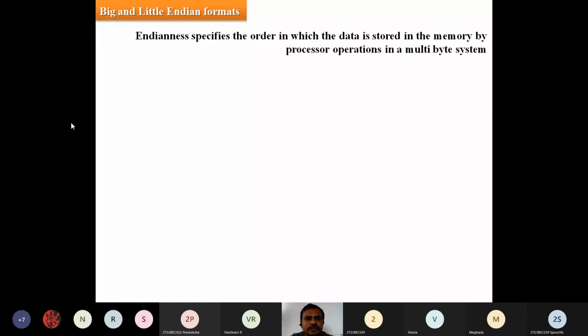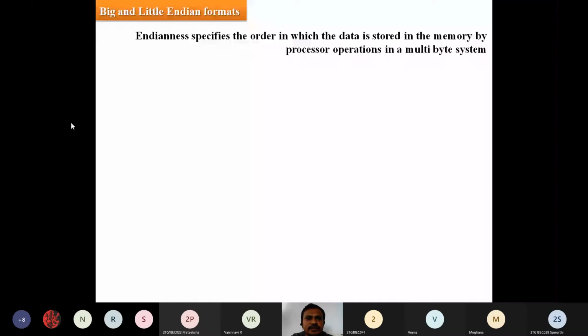So what are the Endians? These Endians specify the order in which the data is stored in the memory by processor operations in a multi-byte system. Obviously, here it is the data we are going to store or retrieve. These two formats, Big Endian and Little Endian, are dedicated to storing the data in the memory.